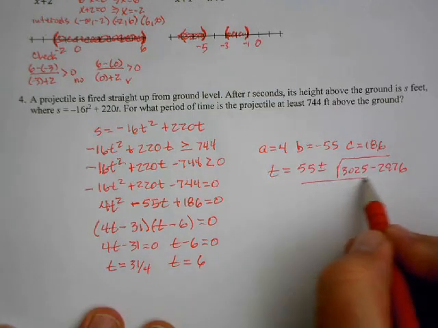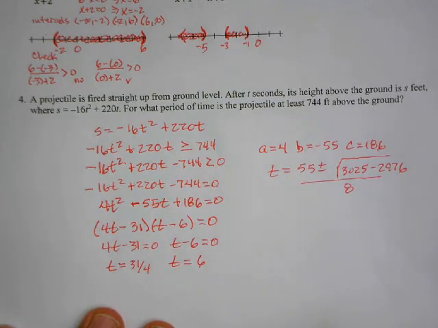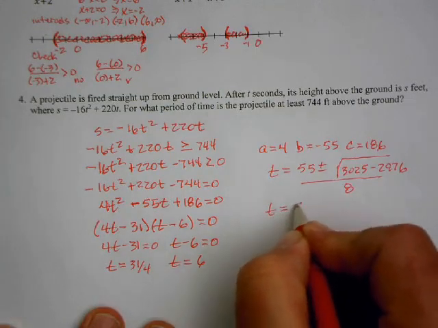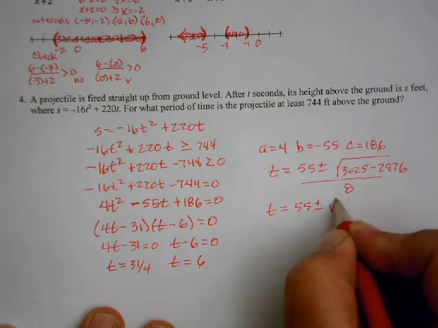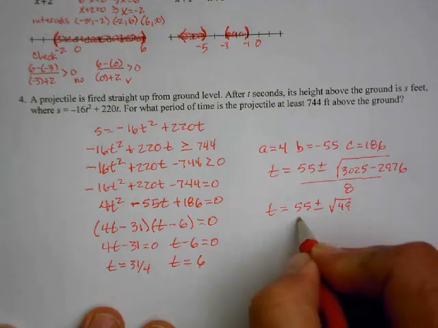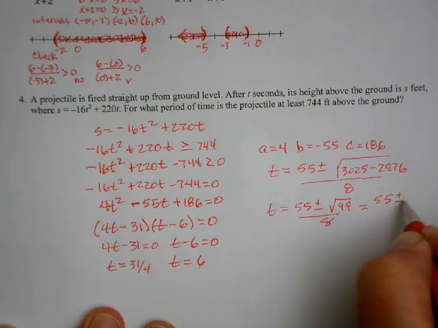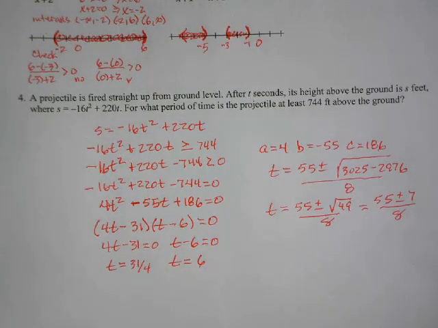And it turns out that becomes 55 plus or minus 49, which is 55 plus or minus 7. And 55 subtract the 7 will be 48. 48 over 8, there's my 6. 55 plus the 7 will be 62 over 8, which is 31 over 4.